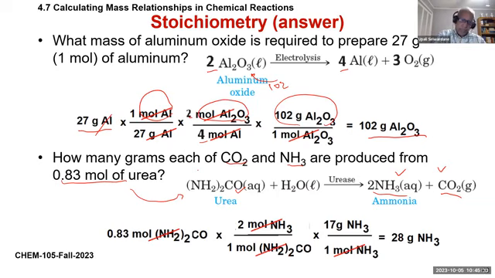You start with moles of urea. Convert that to moles of ammonia using the conversion factor, 1:2. There's a 1 here. Then multiply by the formula mass of ammonia. 0.083 moles of urea will produce 28 grams of ammonia. That's how you get it.